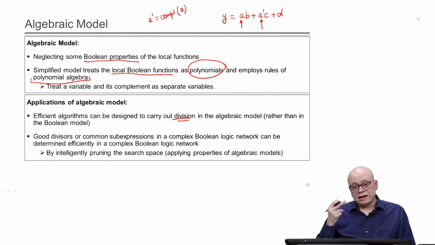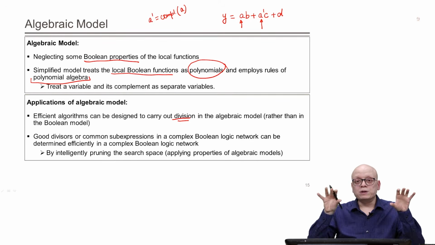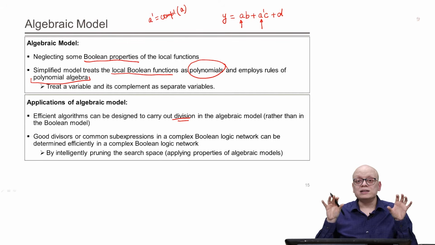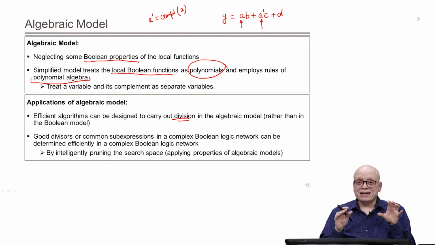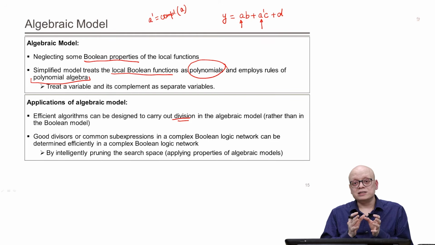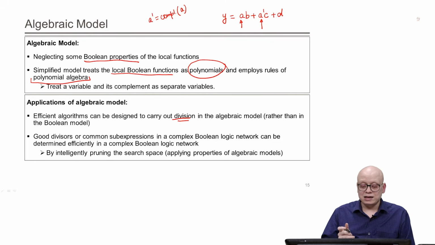When there are multiple nodes or vertices in our Boolean logic network, checking and extracting which divisors are common among various vertices can be done very efficiently in the algebraic model rather than in the Boolean model. Why?